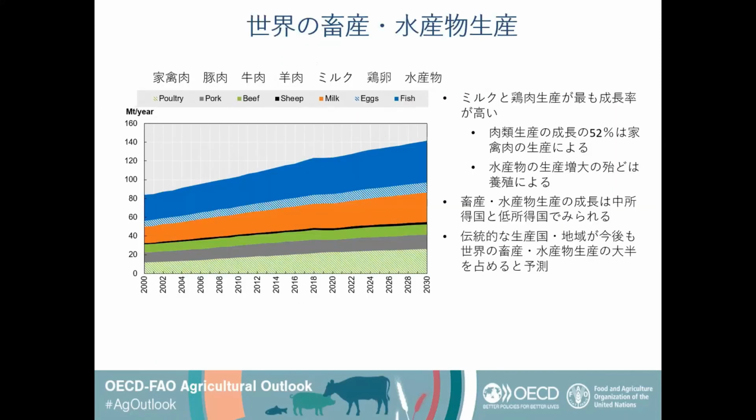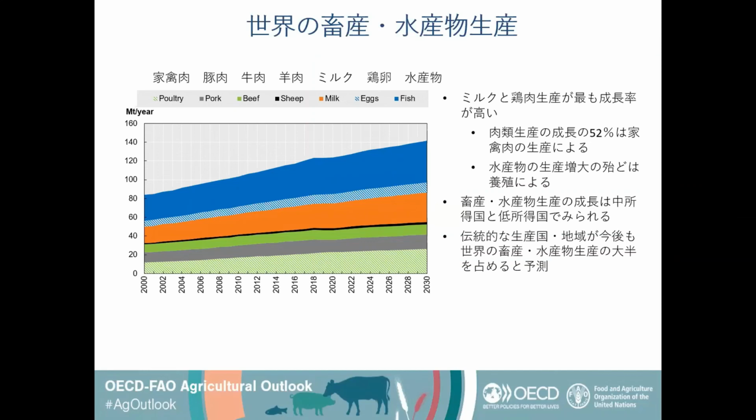Thank you. Quick look at livestock. So here I just mapped the different production, so you get an impression of the different volumes of the various livestock sectors. The point I'm trying to show here is that milk and poultry production are the ones that grow the most. Poultry will account for about half the extra meat.